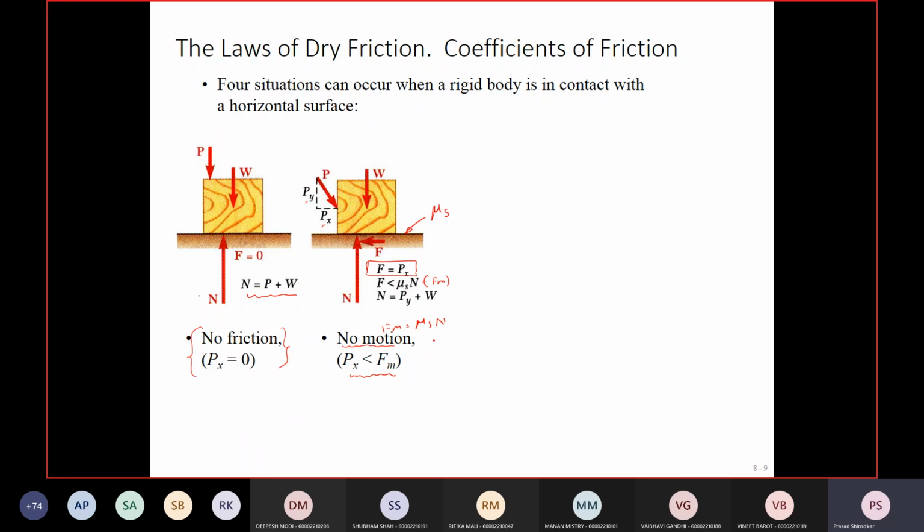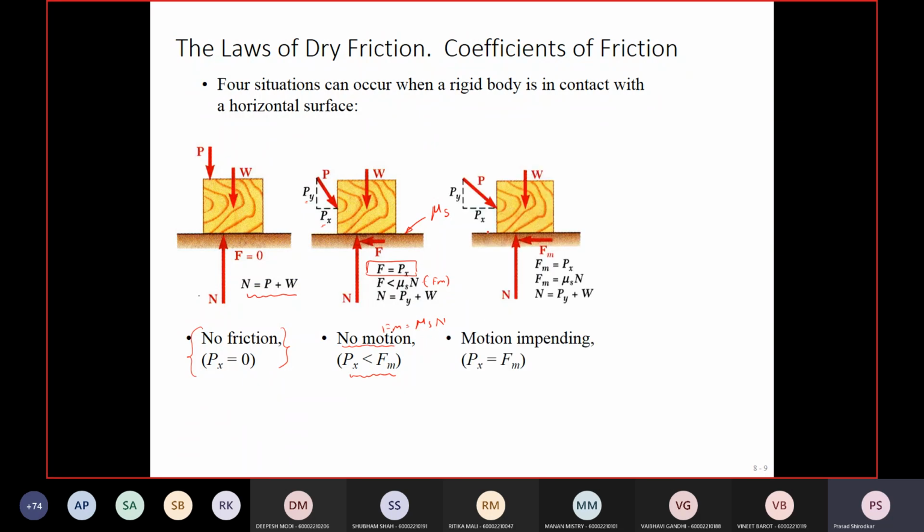Now, in the third case, the force P is changed and inclined, and it is increased to a value such that the maximum frictional force is equal to the horizontal component of P. So Fm is equal to Px.